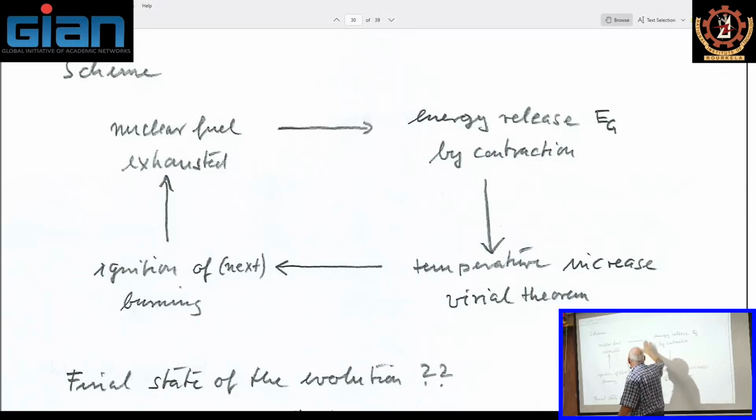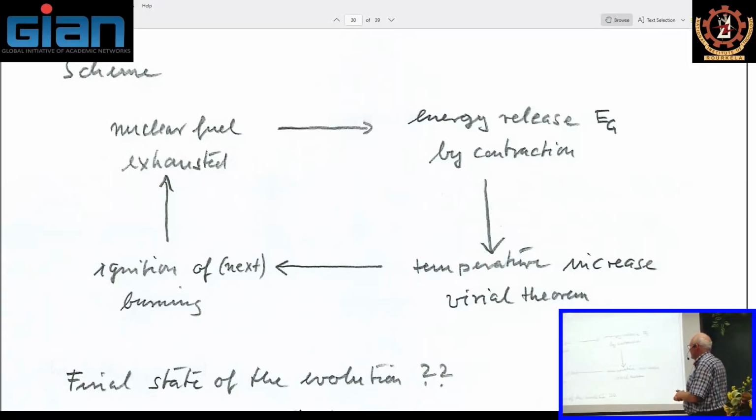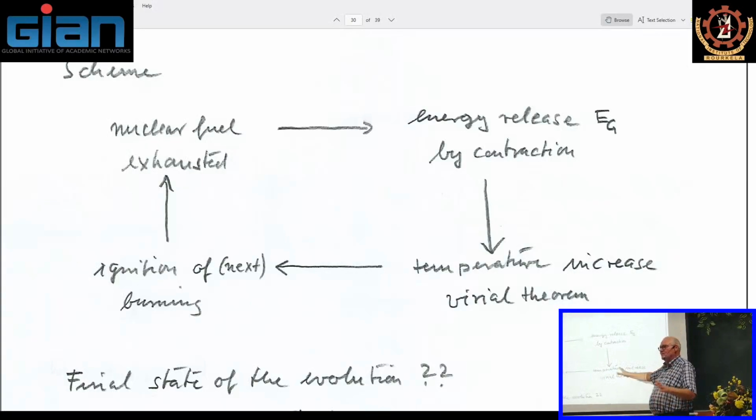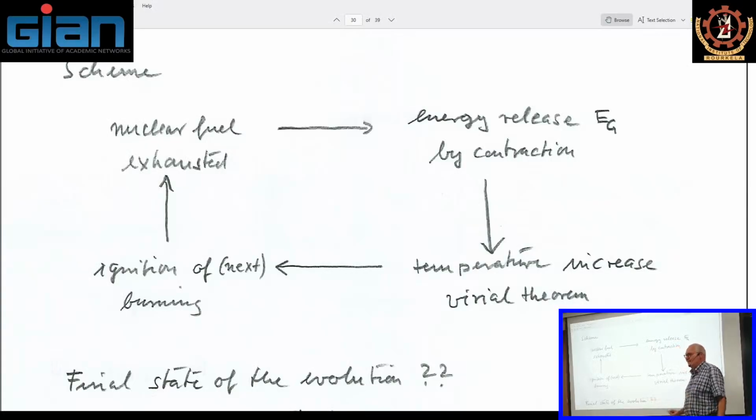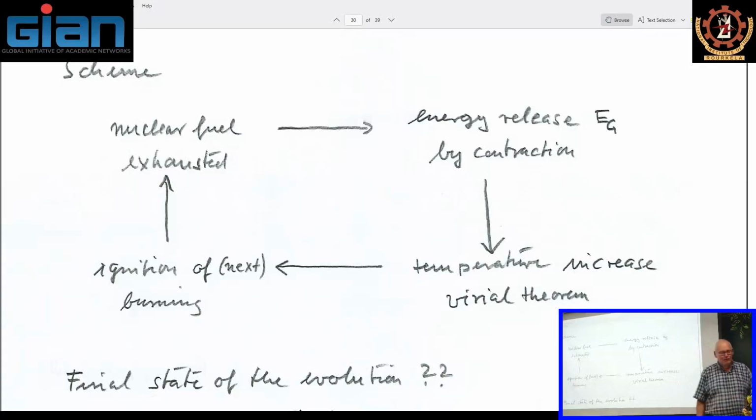Nuclear fuel is exhausted, the star releases energy again by contraction, the temperature increases with the virial theorem, and so on. This cycle continues several times until we come to the question: what will be the final state of this evolution? Once we have reached iron as the ash of the last burning, we would always go along this cycle, and we would end up with an infinite temperature as the final state.